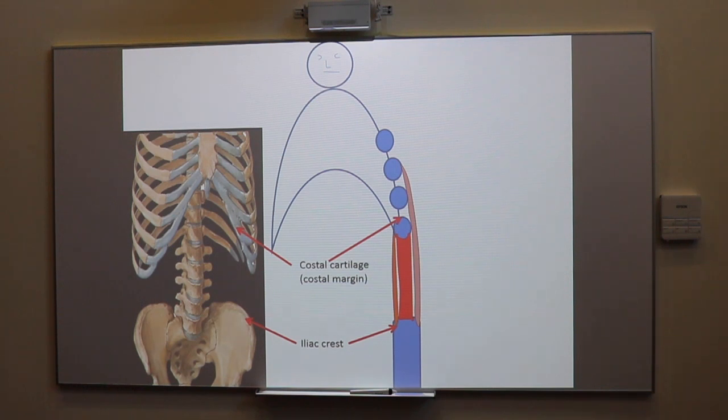If I find a muscle attached to the inside of the margin, it is transversus abdominis. If I find a muscle going outside it, it is external oblique.